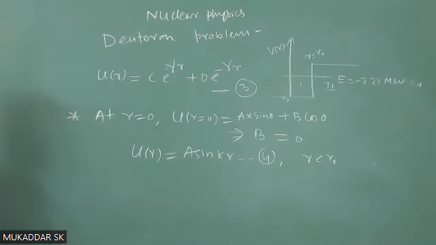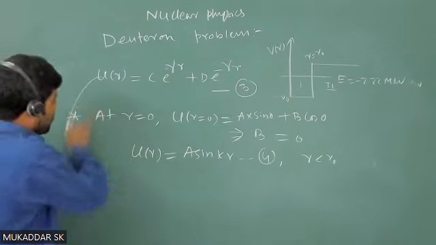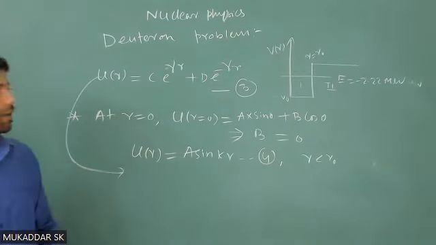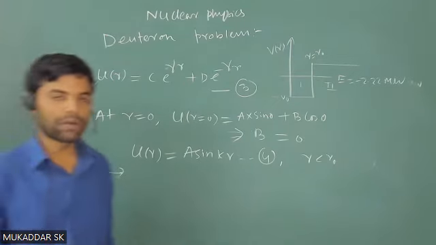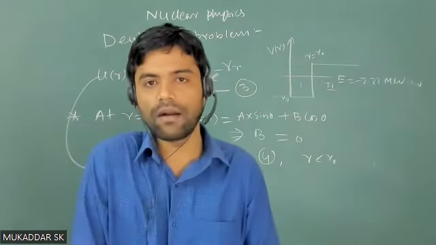This is the radial part when r is greater than r naught. You know that the wave function should vanish as r tends to infinity.